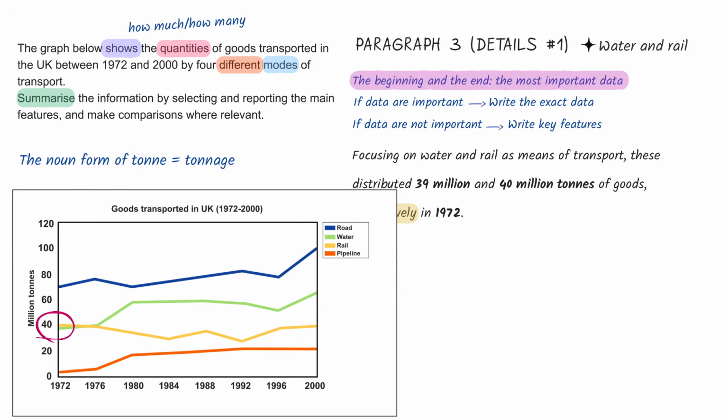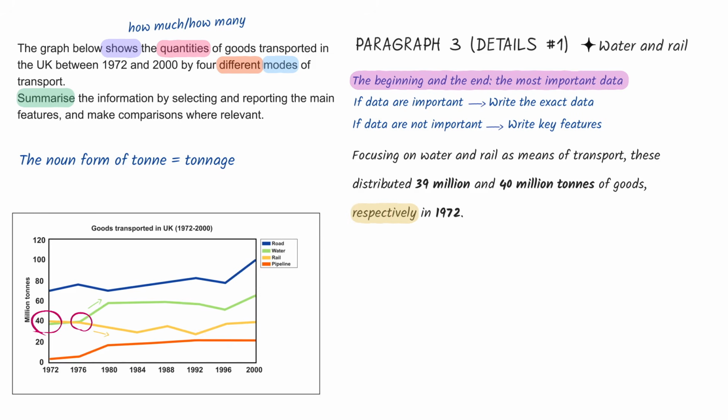Now as you can see, in 1976, a very important thing happens. What's that? The figures change here. For water, we can see an increase, and for rail, a decrease. So this is a key feature. We should write about this.